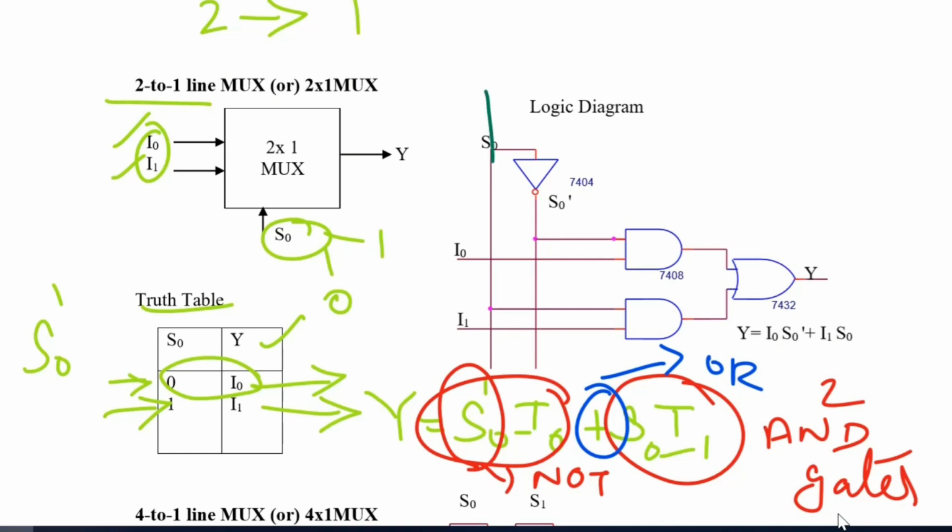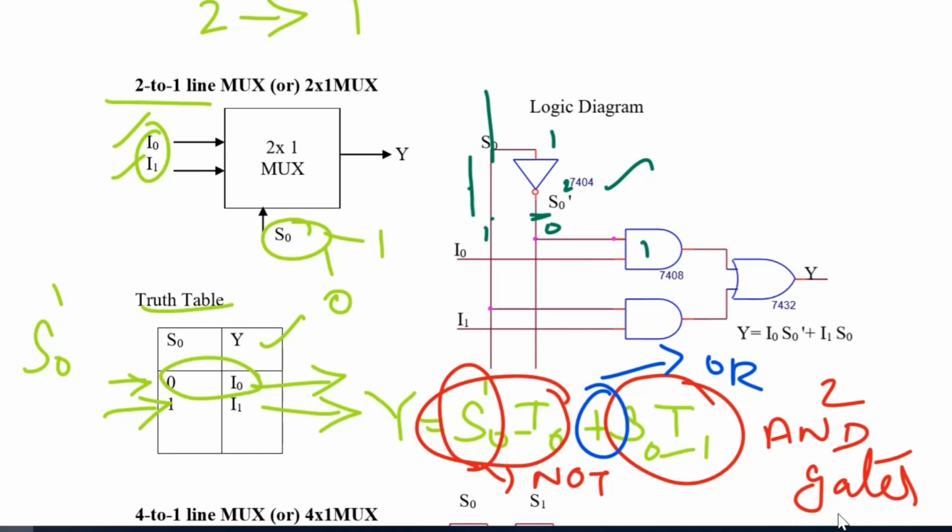In the logic diagram, we have a selection line S0. This is the line where we get S0. And we connect one NOT gate, 7404. While you are giving a 1, it gives 1 here and 0 here. Note down pins 1, 2 here. Then it is given to the first AND gate.